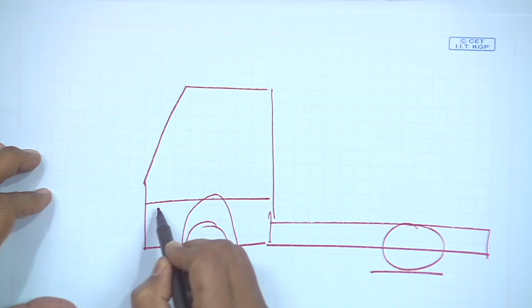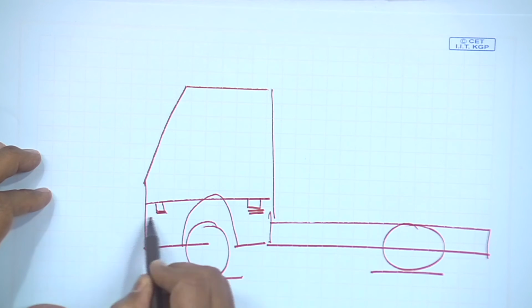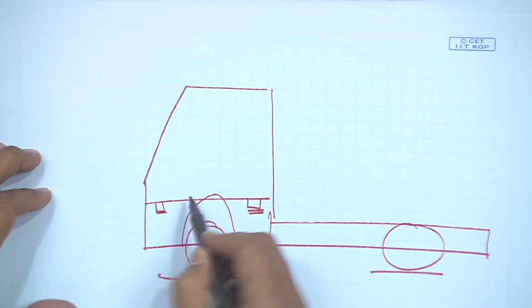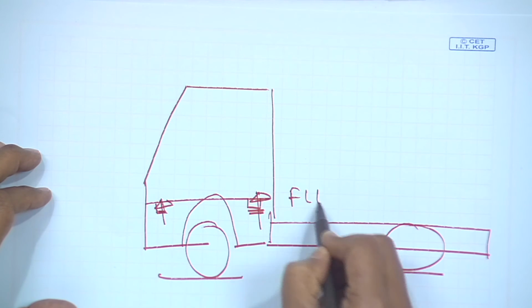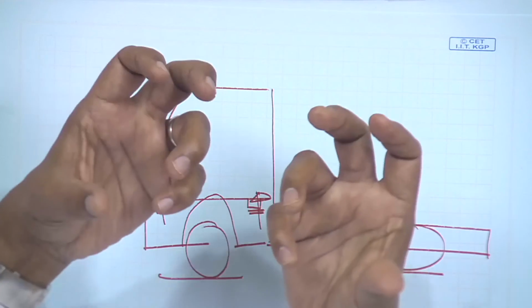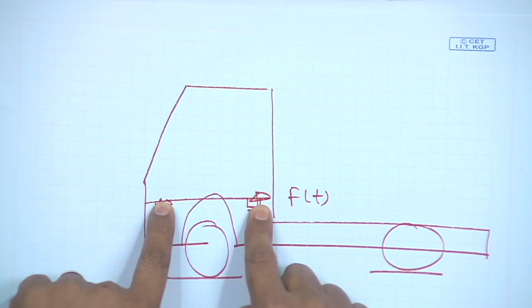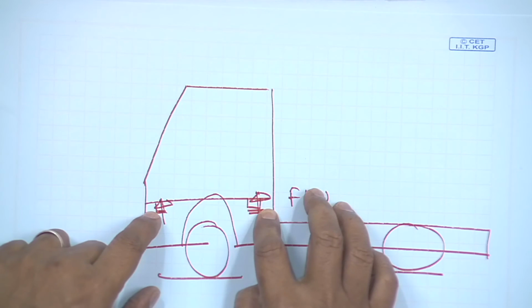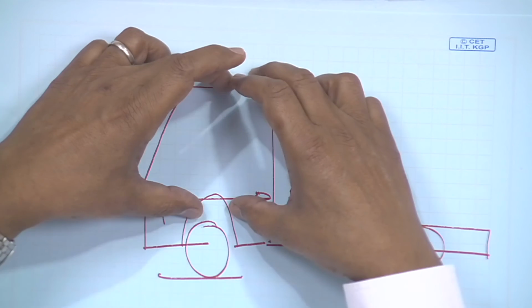This cab is put on mounts, because an engine could be sitting somewhere else. Forces come to this cab, so the cab gets excited at its mount locations. Whether you are going on a road or the engine is vibrating, I'm getting some inputs at the cab. This can be processed and becomes load data to my structural model of the cab.